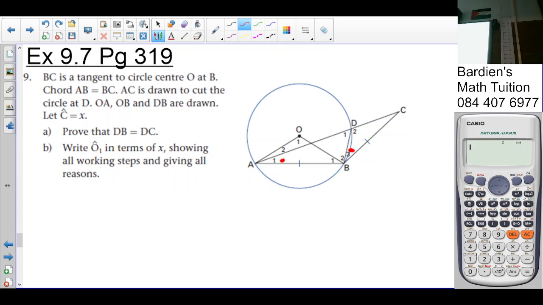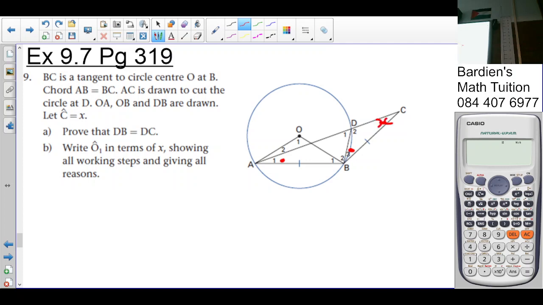B1? No. A1 is equal to C. Yes. Why? Angles opposite equal sides. Then we are told that AC is drawn, cut in a circle at D. OA, OB and BD are drawn. Let angle C equal X. Right.